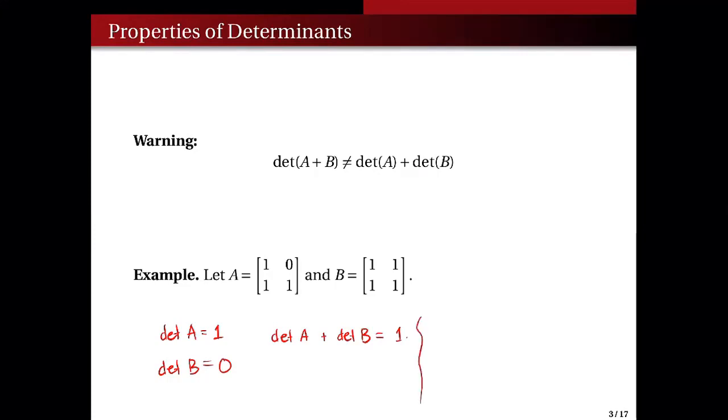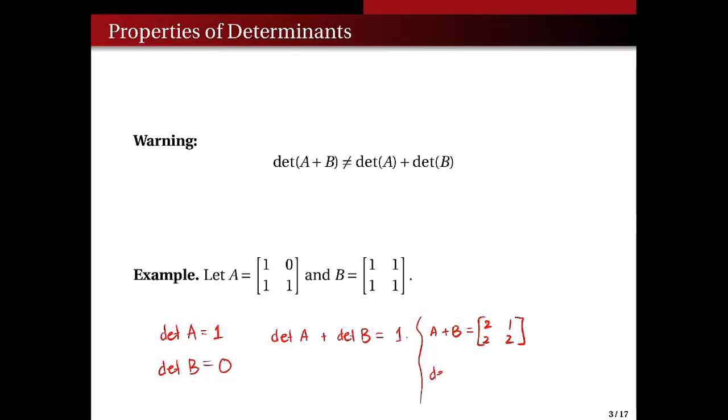Now, if we look at A plus B, so we add the two matrices, we'll just have 1 plus 1 in here, that's 2. And then 0 plus 1, that's just 1. And then the other two entries, they are both 2.